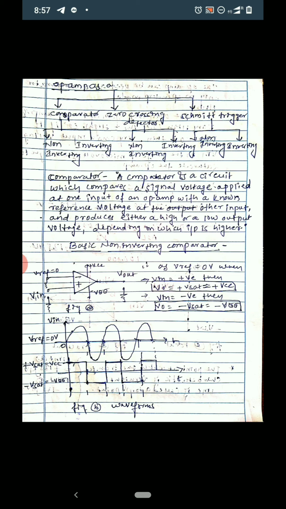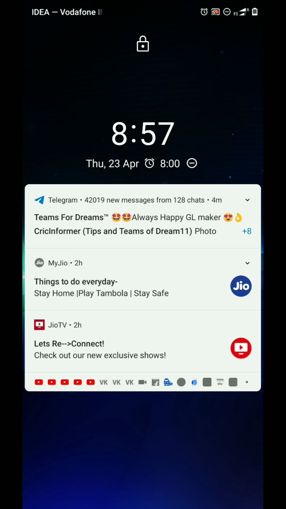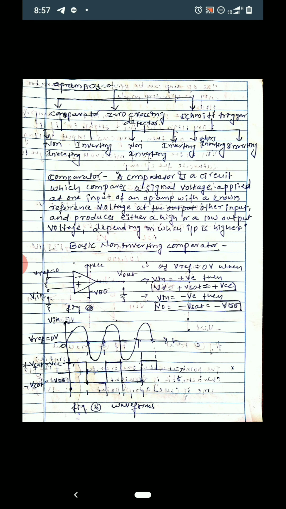If you are using your op-amp for those applications which require linear variation of output, that means if you increase or decrease the input, the output should vary accordingly, then you cannot use the op-amp in open loop mode for linear applications.